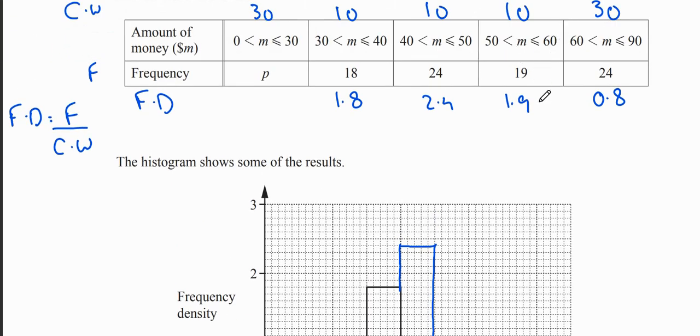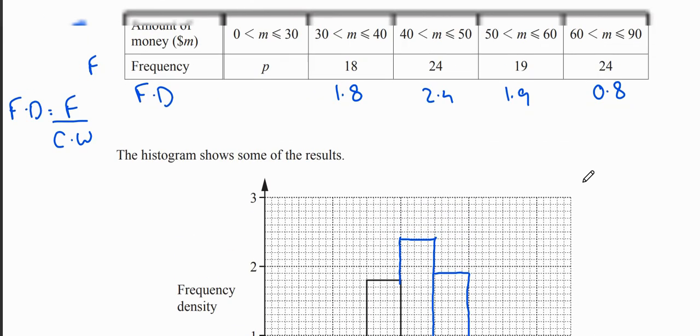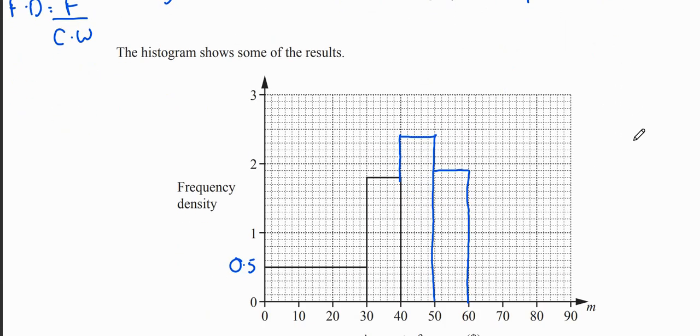From 50 to 60 is 1.9. So 50 to 60, 1.9. And from 60 to 90 is 0.8. 60 to 90 it's 0.8, like this. So my histogram, of course, I didn't use a scale, so it's a bit bad, but you guys can use it. Okay.